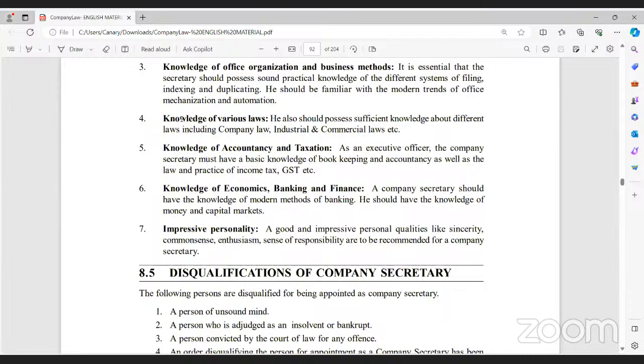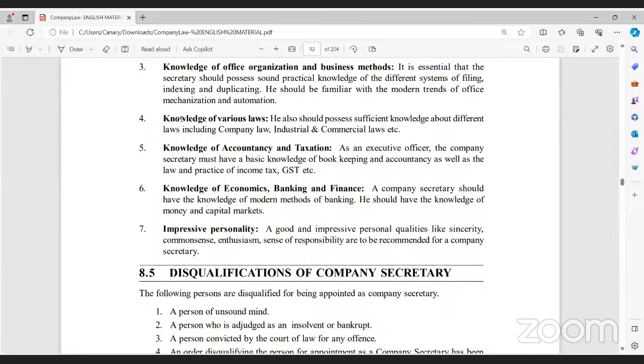He must possess economic, banking, and finance related knowledge also: the latest trends in the banking system and financial aspects of the money markets and capital markets, and what is going on in the world economy. These must all be known by the company secretary.